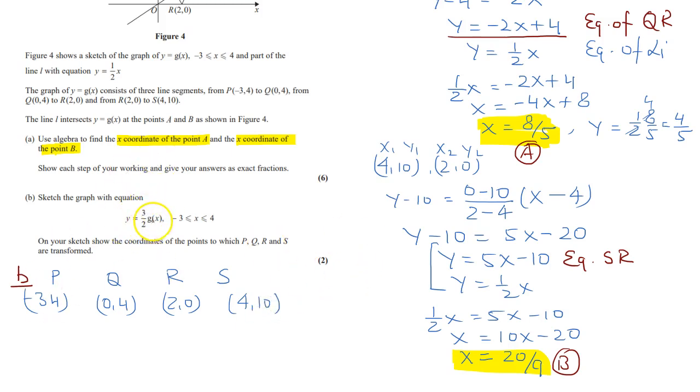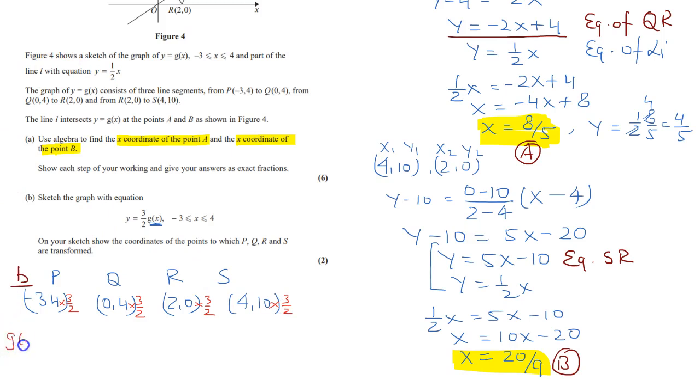Y is equal to 3 over 2 g(x), and this is from minus 3 to 4. 3 over 2 g(x) means the y coordinate is multiplied by 3 over 2. So what we are going to do is multiply the y coordinate by 3 over 2 each time.